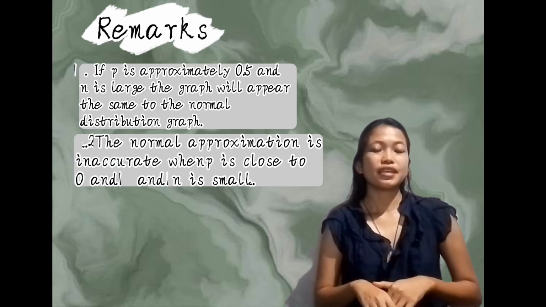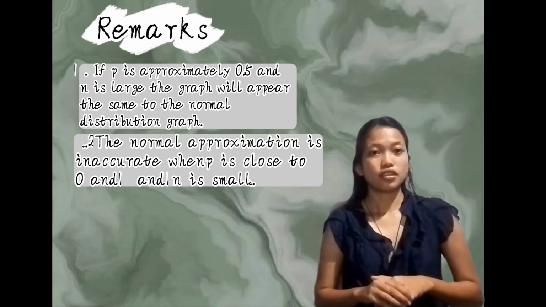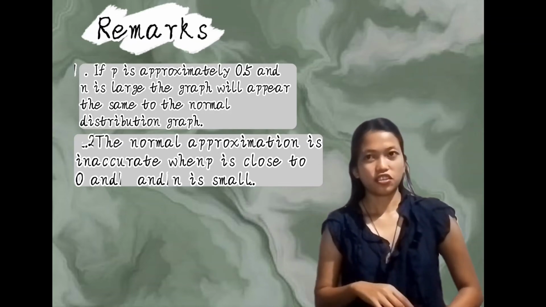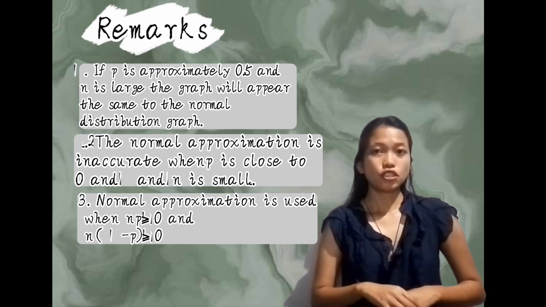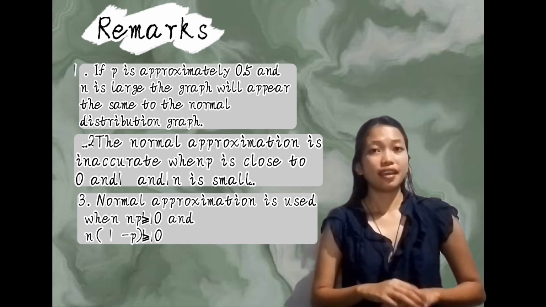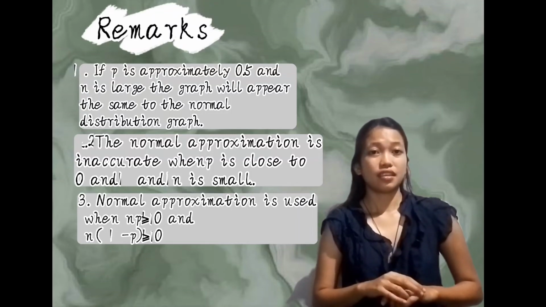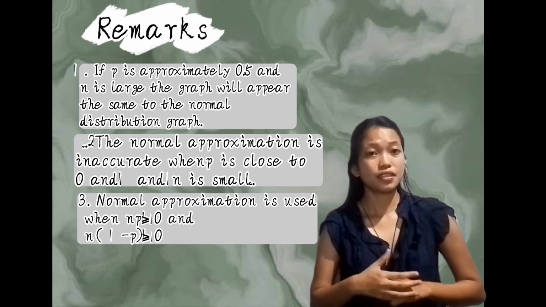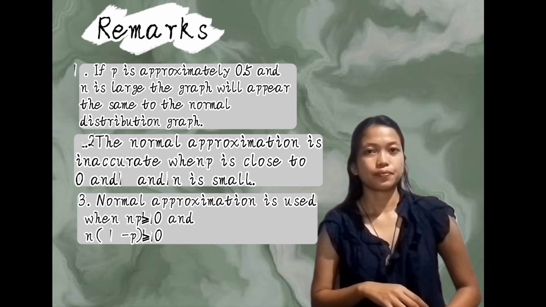But when p is close to 0 or 1 and n is small, the normal distribution approximation is inaccurate. As a rule of thumb, the normal approximation is used when n is so large that np is greater than or equal to 5, and nq is greater than or equal to 5.